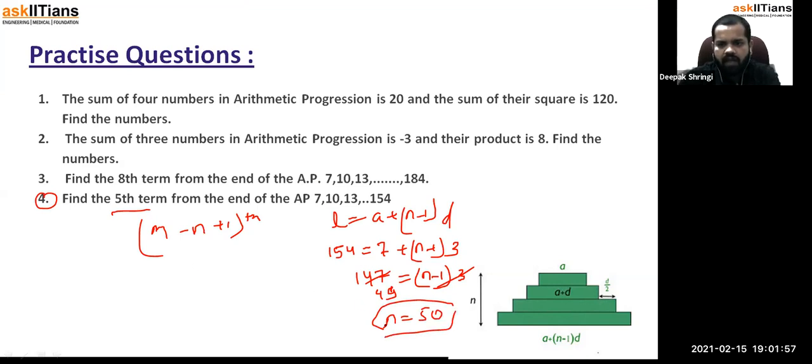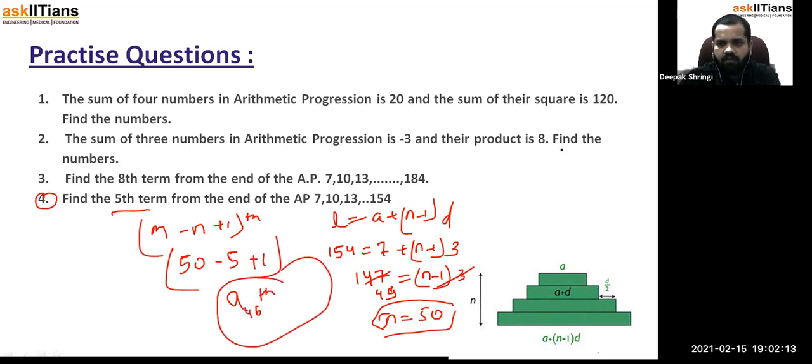Sorry, m is basically your number of terms. So 50 minus 5 plus 1. 50 minus 5 is 45. 45 plus 1, it is asking basically for your 46th term from your beginning.